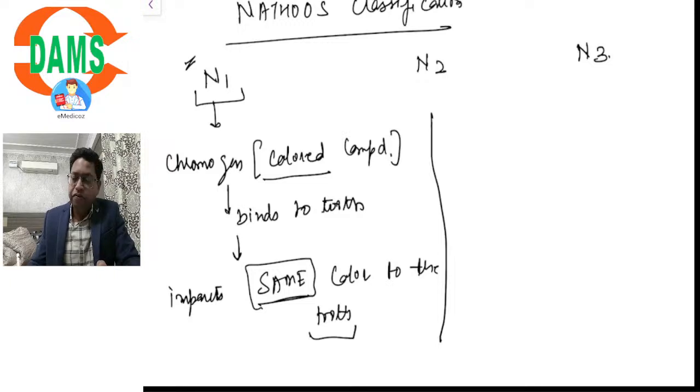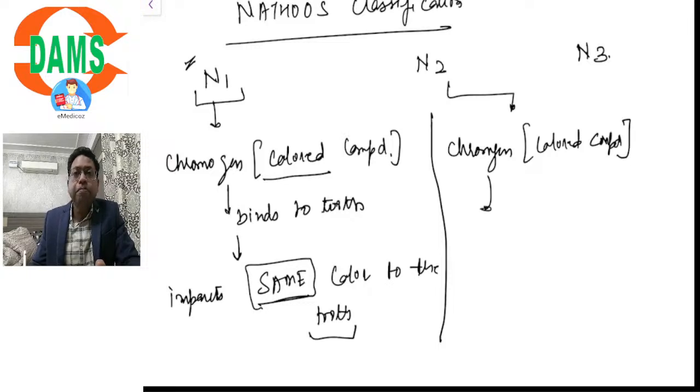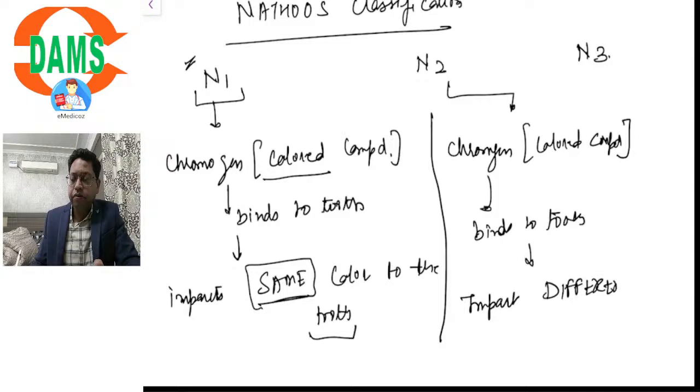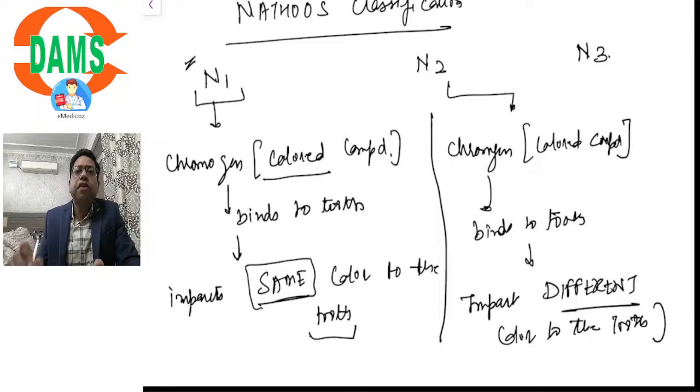On the other hand, when we talk about N2 stains, there is a chromogen, again, which is a colored compound. Similarly, it would bind to the tooth, but it would impart a different color to the tooth.